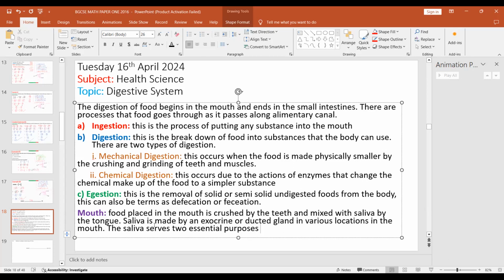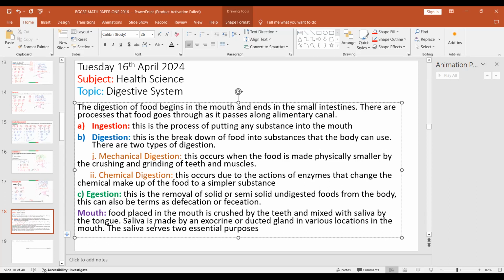The purpose of the saliva is to moisten the food so that it is easy to swallow. Imagine if you didn't have saliva inside your mouth. When you eat food, everything would be dry, and that wouldn't be nice. To reduce friction as the food goes down, you have the saliva.